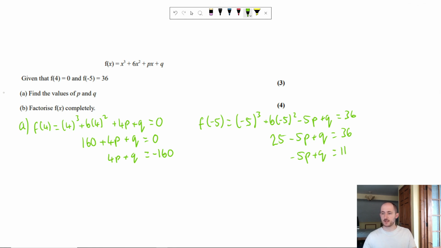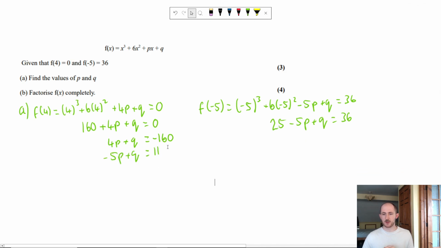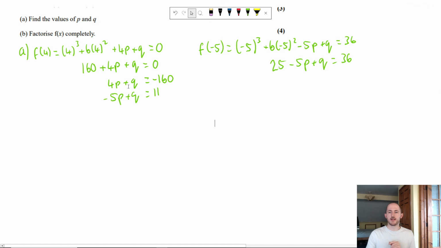Okay, that's quite interesting. Now if I look at these two equations, they both have p and q in them, so they are actually simultaneous equations. If I move these underneath each other, I can solve those simultaneous equations by subtracting them. So 4p minus minus 5p would be 9p.